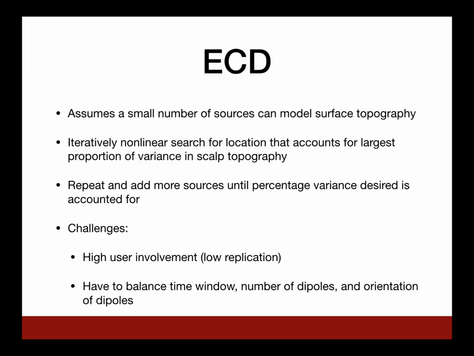Not surprisingly, with equivalent current dipole, you place a source in the head, you come up with some nonlinear search for accounting for some proportion of the variance of the scalp topography, and then you rinse and repeat, either adding more sources or trying to better fit your model to account for variance.